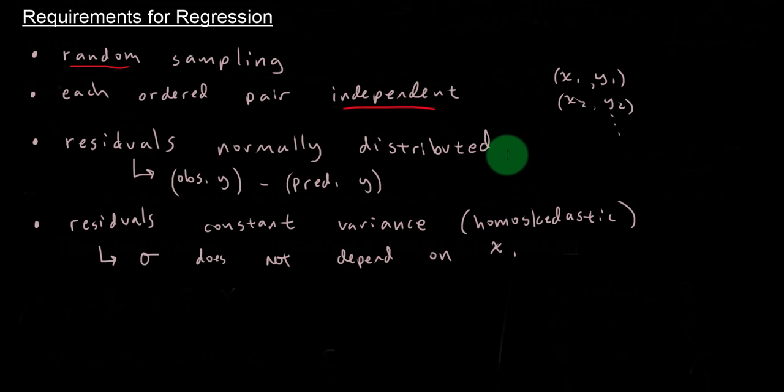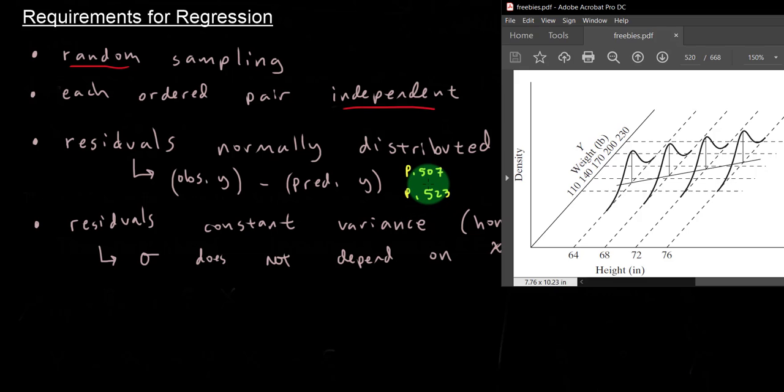Okay, I want to show you a couple images from the textbook. This is going to be from page 507 and then page 523. So this first image here isn't actually about the requirements, but I think it helps in considering what those look like. And for a particular x variable, the observations need to be normally distributed.